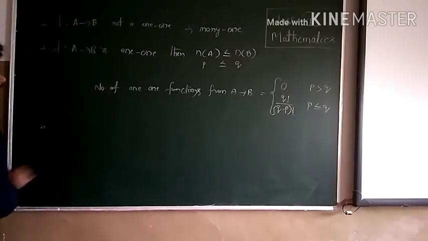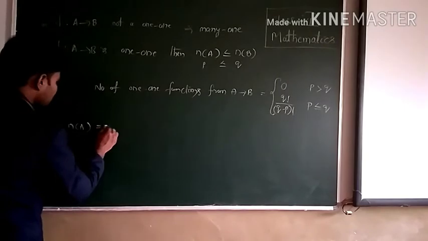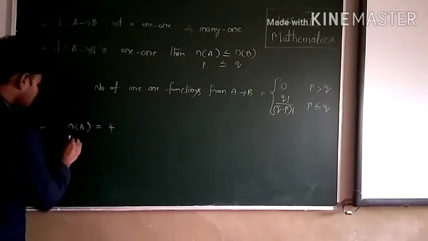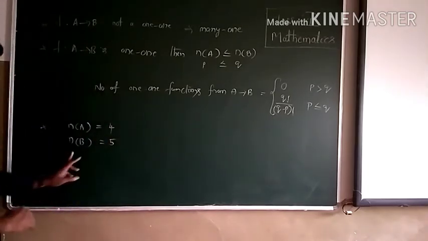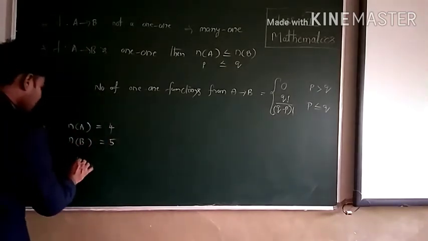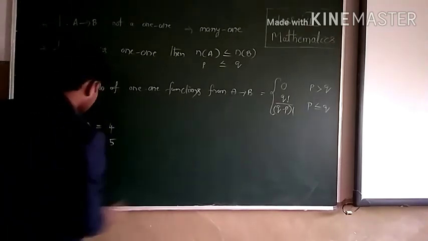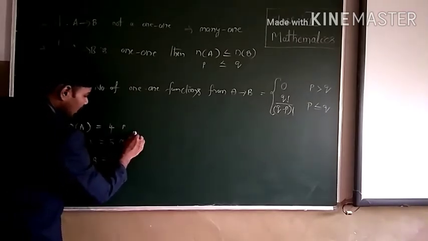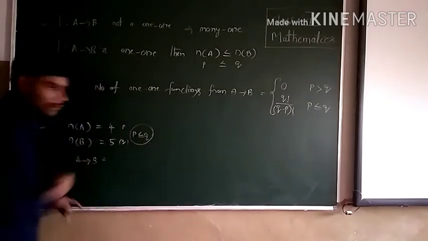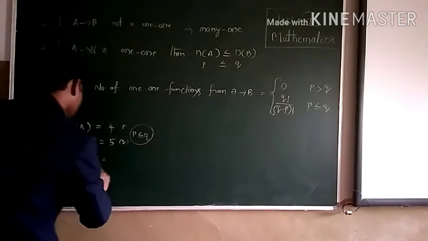Suppose n(A) is equal to 4 elements, n(B) is equal to 5 elements, then the number of one-one functions from A to B is equal to, so here p is 4 and q is 5, then p is less than or equal to q. We can use the second condition and find the number of one-one functions.